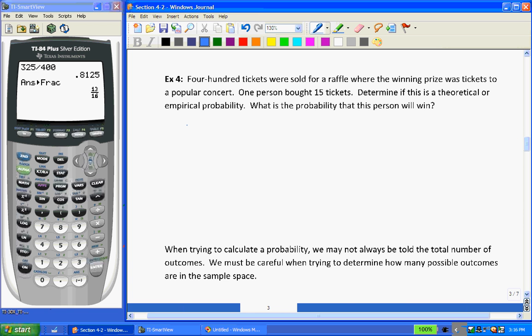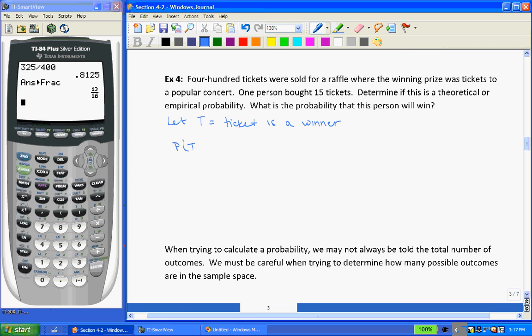So if one person bought 15 tickets, let's define this, we'll say let T equal having a winning ticket. No, let's say this, sorry. Ticket is a winner.